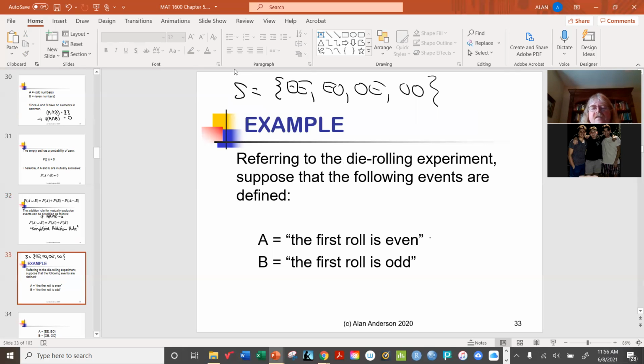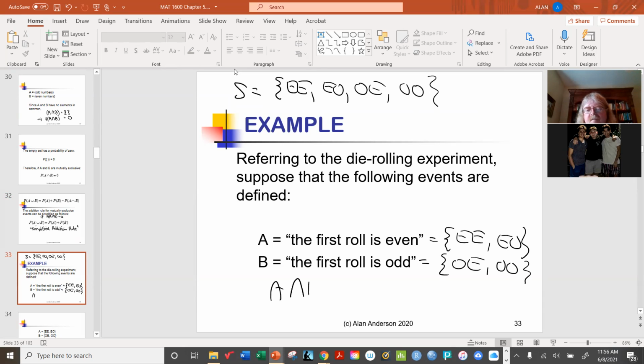A, the first roll is even, would be these first two elements, E, E, E, O. And the B would be this second case, the last two, O, E, and O, O. Now you can clearly see that there's no intersection between them.